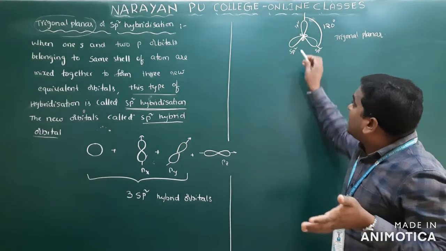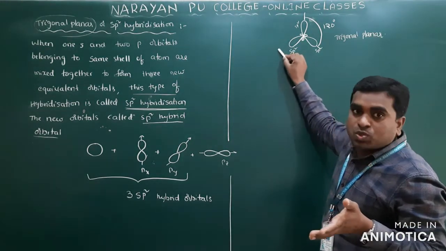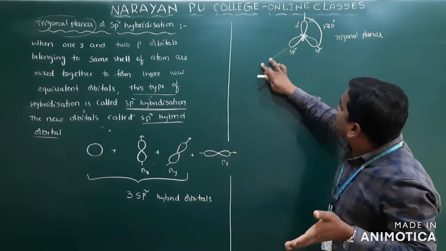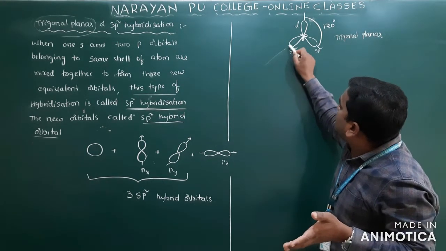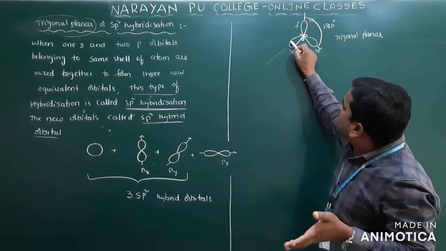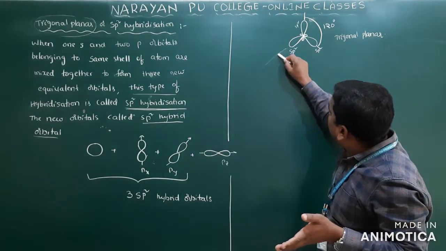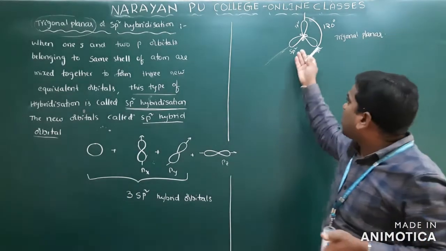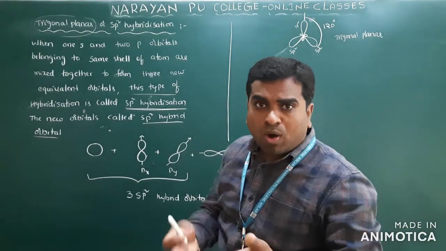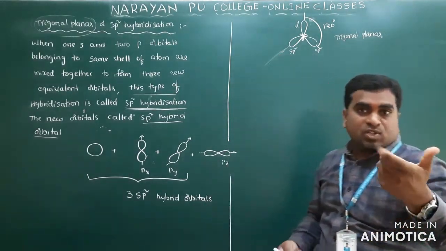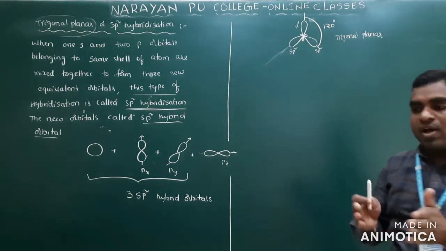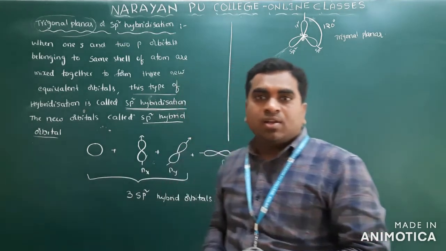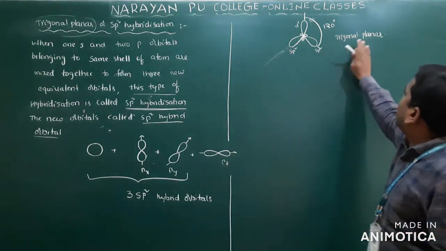Why? Because the overlapping orbital has to come in the same direction. Suppose any orbital overlaps with the sp2 orbitals, it has to come in this direction only. So after overlapping, you will get covalent bonds. That's why we said covalent bonds are directional, but ionic bonds are non-directional.